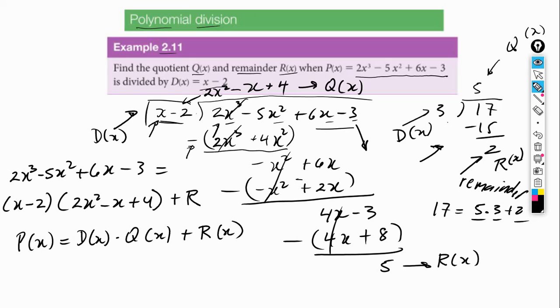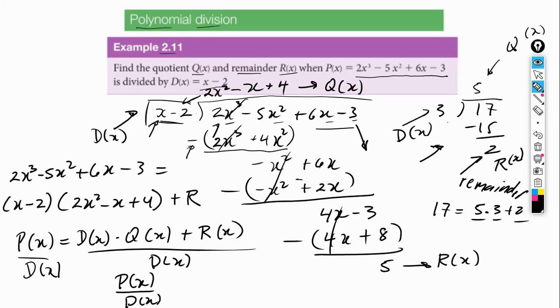So what happens if we divide both sides by the divisor? Well, we would get that p of x divided by d of x is equal to q of x, the quotient, plus the remainder over the divisor.